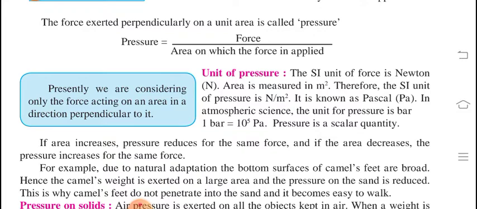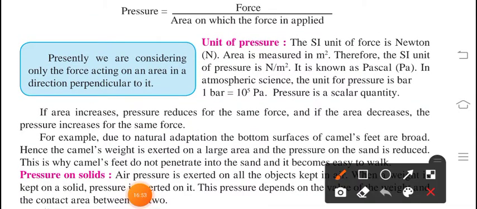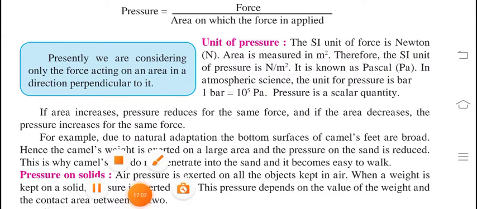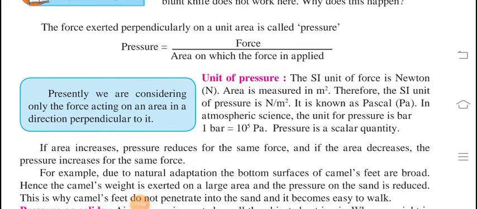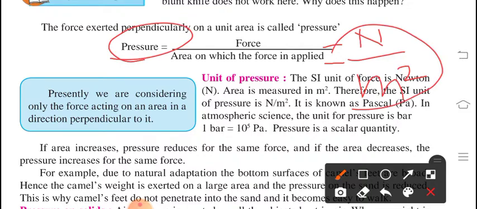Now we can find the unit for pressure also. The SI unit for force is Newton, and area is measured in meter square, hence the SI unit of pressure is Newton per meter square. For force the unit is Newton, for area the unit is meter square, hence for pressure the unit is Newton per meter square.